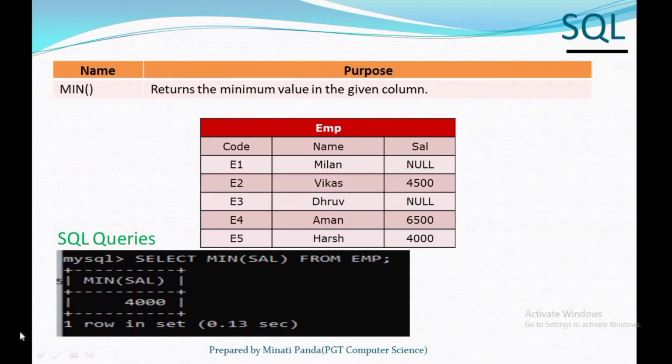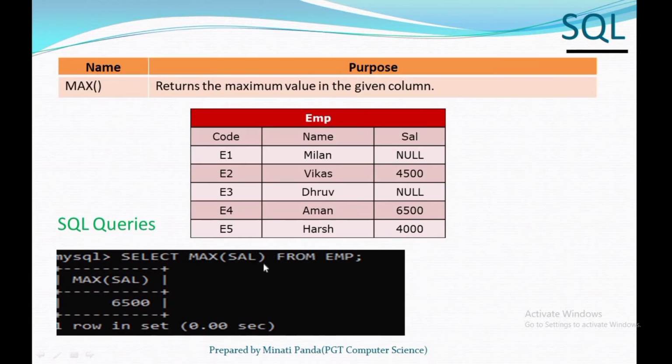Let us discuss some more aggregate functions. MIN function will return the minimum value in the given column. Here in salary, as you can see, the minimum salary is 4,000. If we write SELECT MIN(salary) FROM EMP, we will get 4,000.